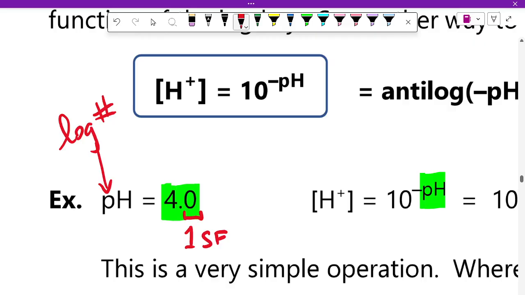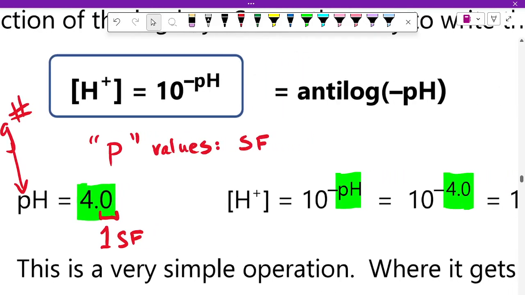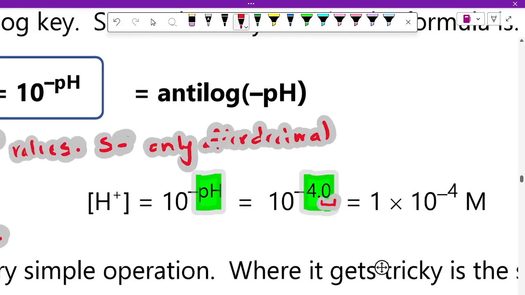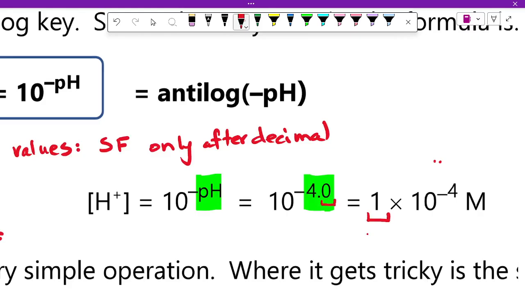Anytime you have a p-value, their sig figs are only after the decimal, because they have had a log taken. So we have 10 to the negative 4.0, we still have 1 sig fig. And so when we answer that, it's going to become 1 times 10 to the negative 4, 1 sig fig.